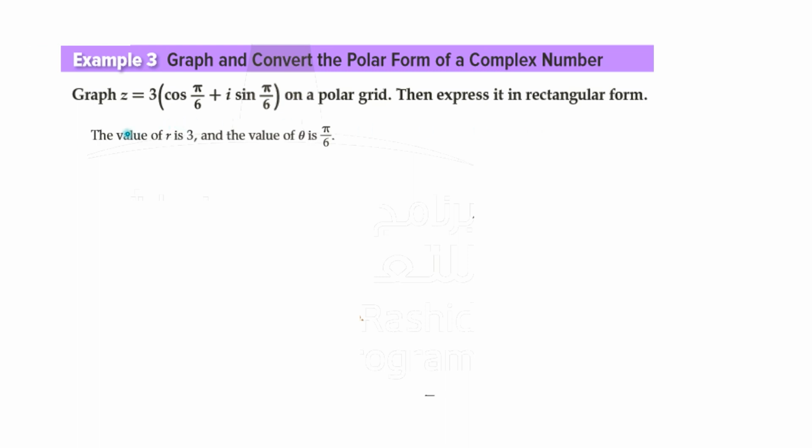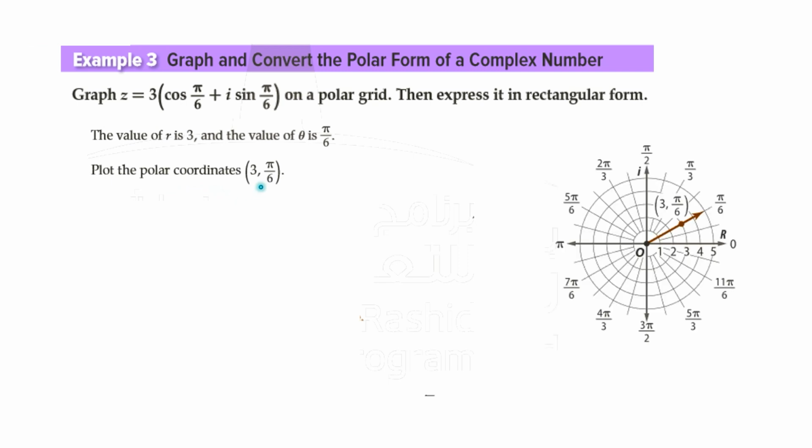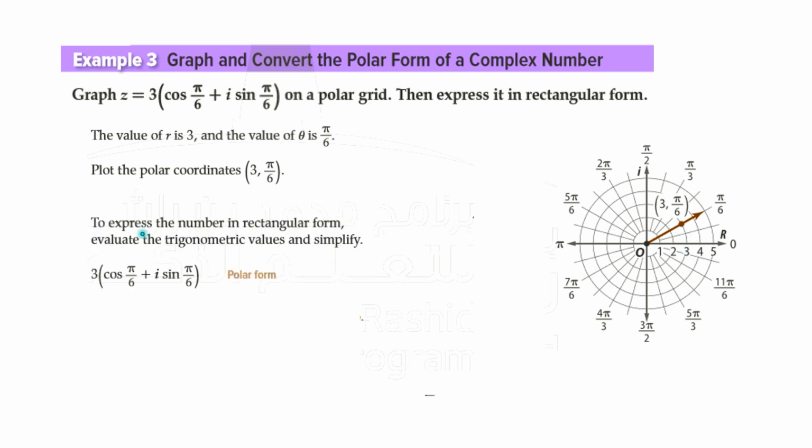Here if you note, the value of r is 3 and theta is pi by 6. So we plot the polar point (3, pi by 6) on the graph. To express the number in rectangular form, we evaluate the trigonometric values and then simplify.